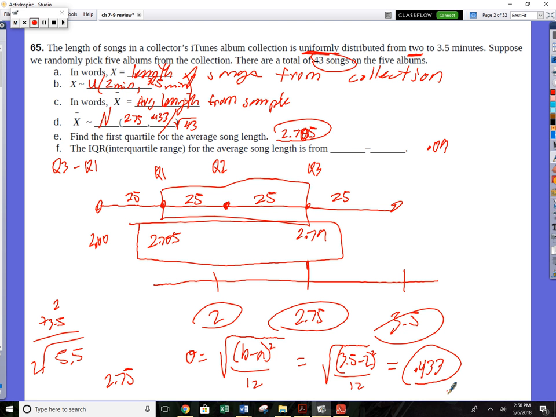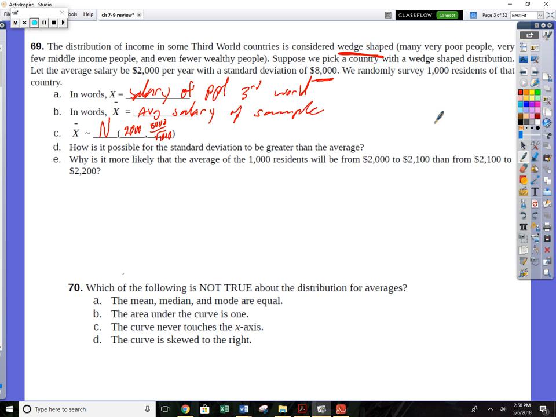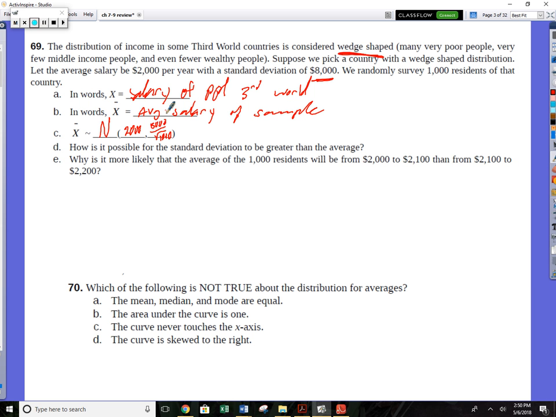Usually your standard deviation is much smaller than your average, but this says the average salary is $2,000. So if the original was normal and the standard deviation was 8, then the next standard deviation over would be like 10 grand, and then 18 grand, and then 24 grand.